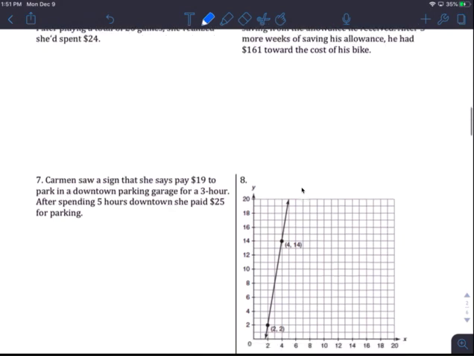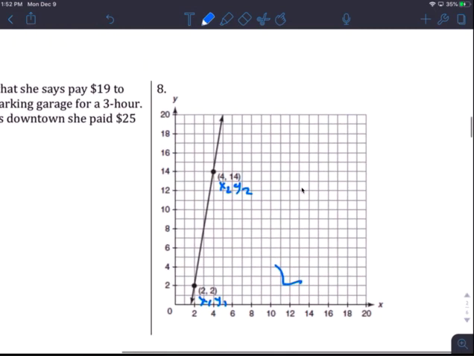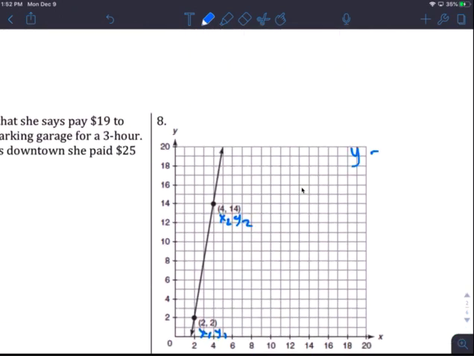Number 8, same thing. x sub 1 here, y sub 1, x sub 2, y sub 2. Okay? So, y minus y sub 1 equals m parentheses x minus x sub 1. y minus 2 equals, we don't know, m x minus 2.